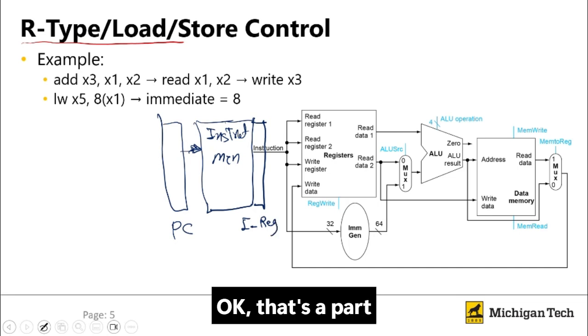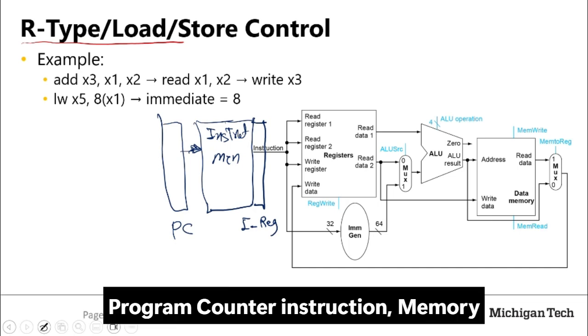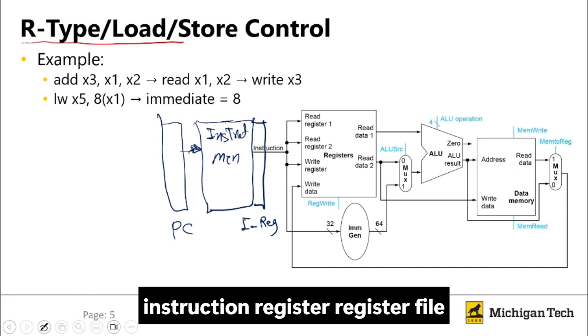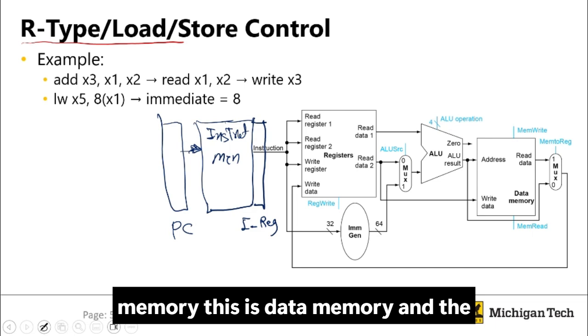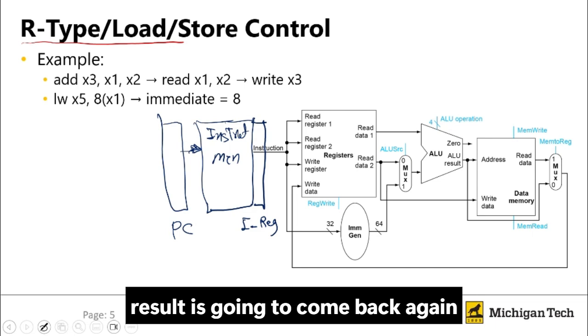Okay, that's a part of the data path too. Program counter, instruction memory, instruction register, register file, ALU, data memory. This is data memory, and the result is going to come back again to the register file.